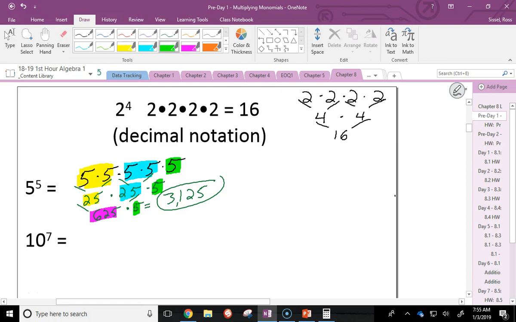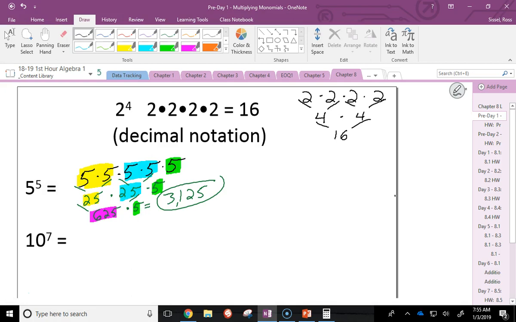Okay, last one, 10 to the 7th power. What are you going to get on that one? Is there a shortcut method when we work with tens, by the way? Katie? Good. So how many zeros are we going to put? 7. Good. So if you're ever confused, always do an easier one.